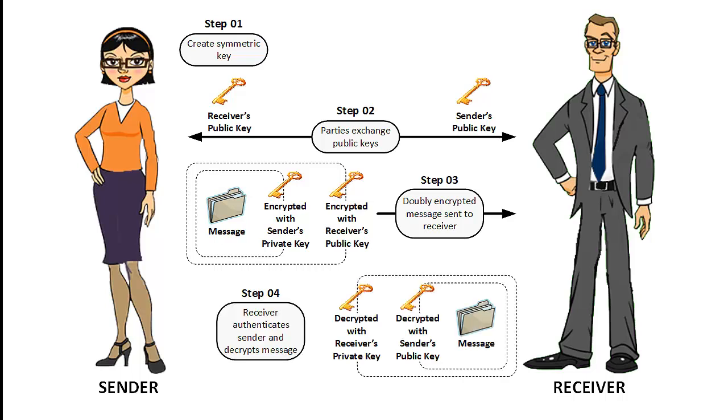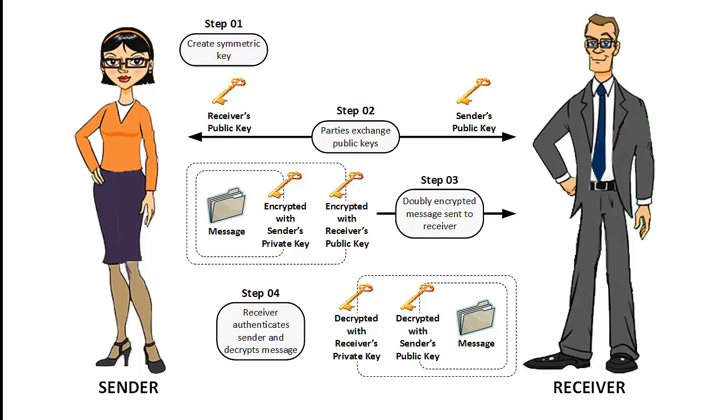Upon arrival, the receiver decrypts the first layer of encryption using his private key, after which he decrypts the symmetric key using the sender's public key. Note that this authenticates the sender because only the sender's private key could have produced a message that can be decrypted with her public key.